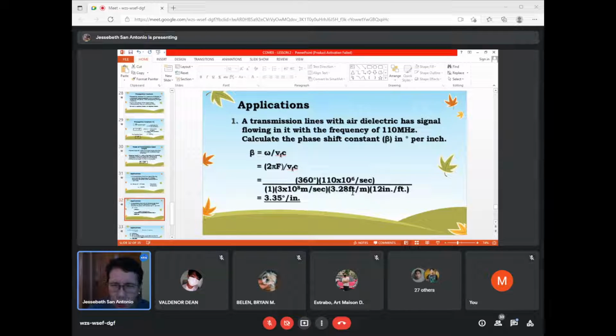Tapos, you have to change the meter into inch. So, change natin yung meter sa inch, kaya minultiply ng 3.28 feet per meter times 12 inches per feet.